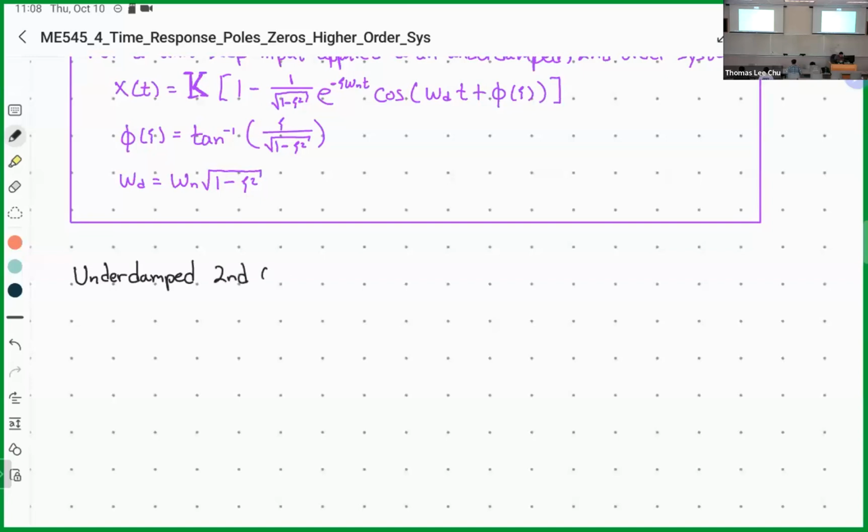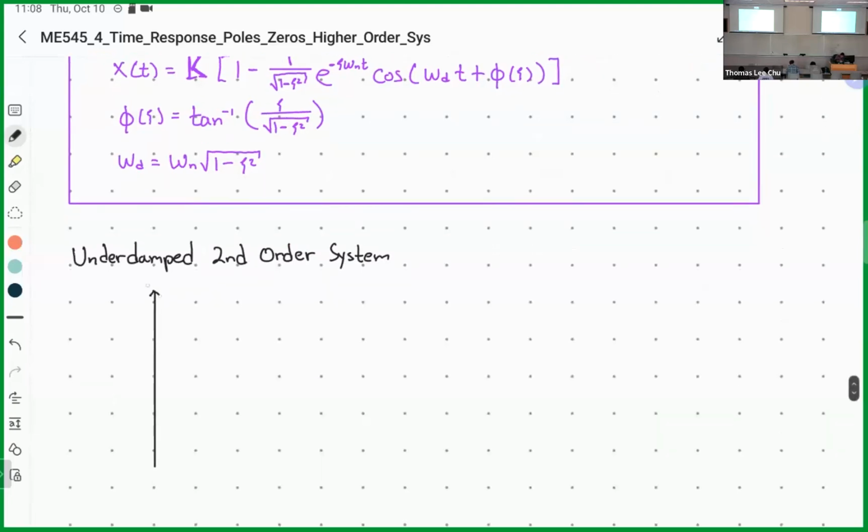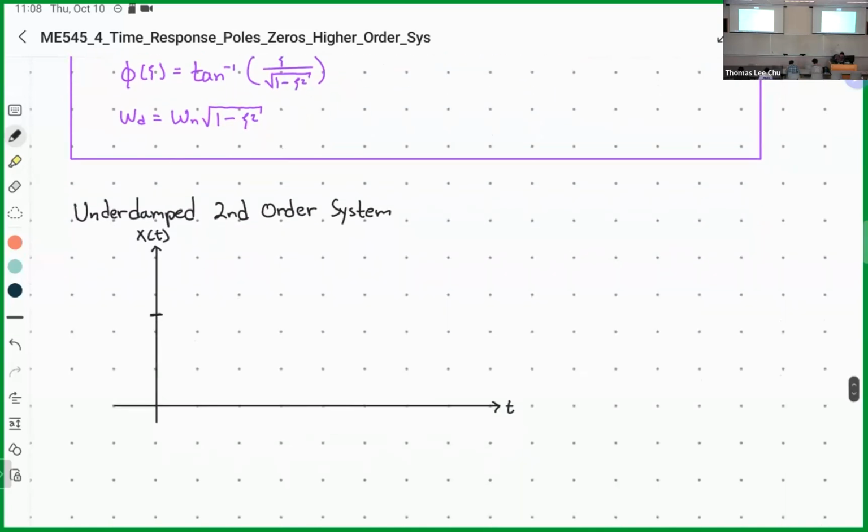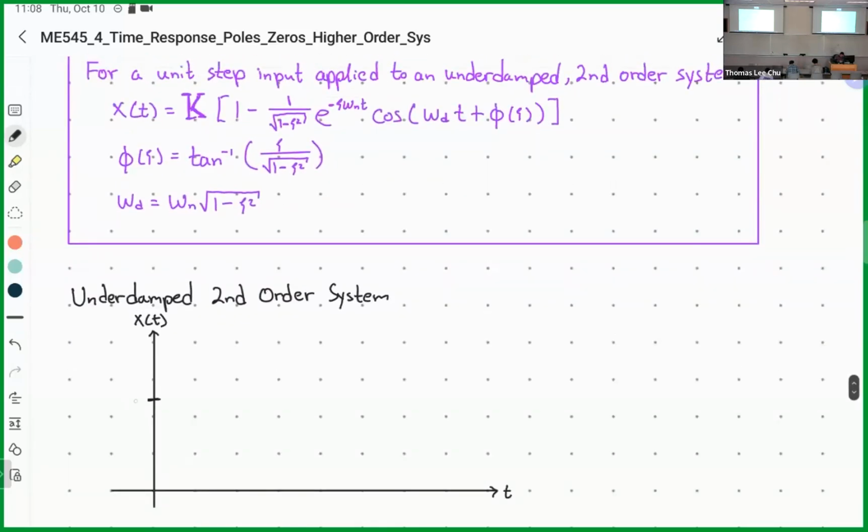So the underdamped second order system is going to look like this. We're going to have our position, so in this case it's going to be x of t, and time on the x-axis. And we're going to have our final value be K here.